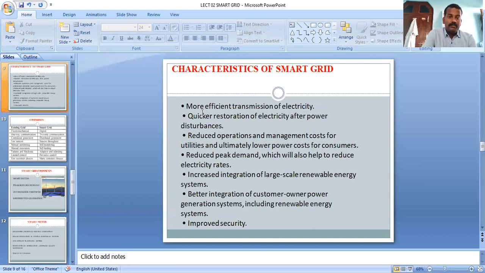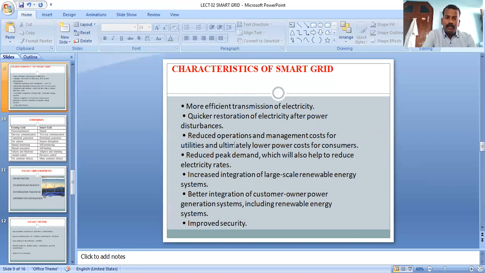A grid will be smart when it has more efficient transmission of electricity, quicker restoration of electricity after power disturbances, meaning if there is a power disturbance, it restores the system quickly, reduced operation and management cost for the utilities, and ultimately lower power cost for the consumer. This is the most important function, aim and vision of the smart power grid.